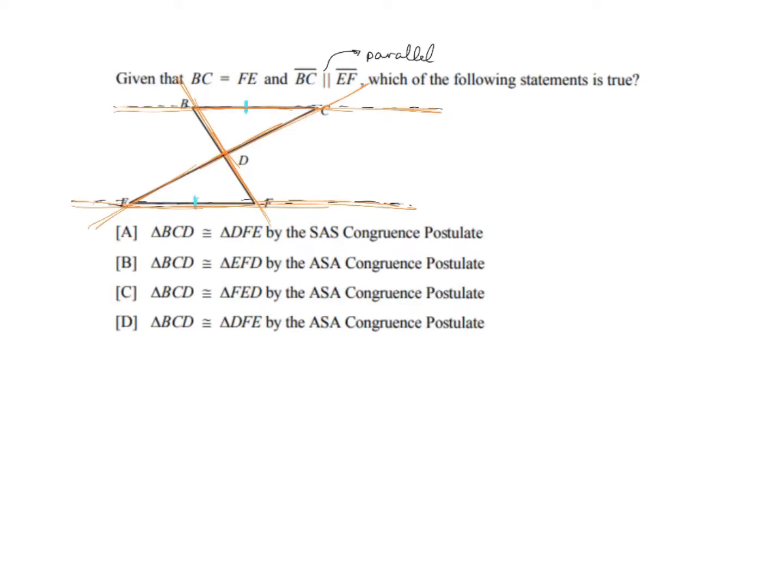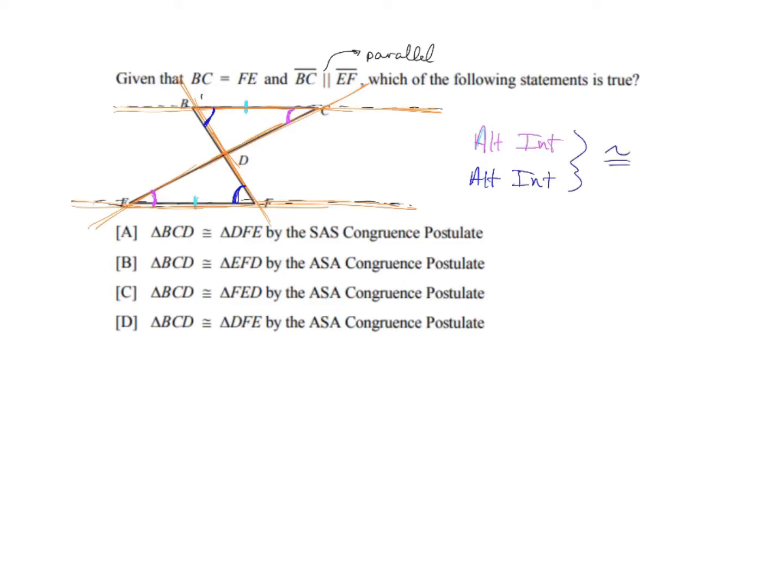So what that tells me is that angle E and angle C are the same. That's because those are alternate interior angles. Same thing with F and B here. Those are also alternate interior, and I know those to be congruent.